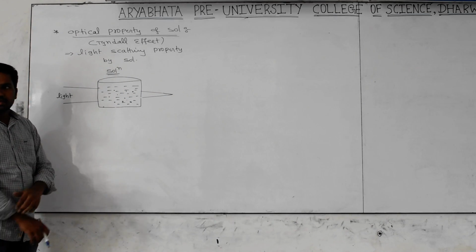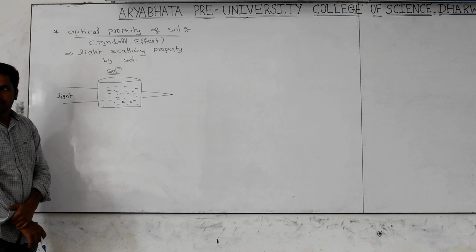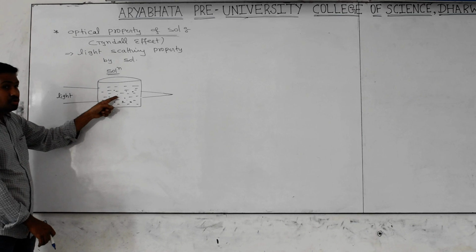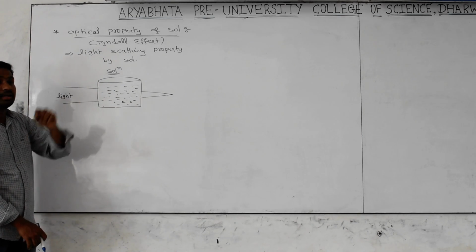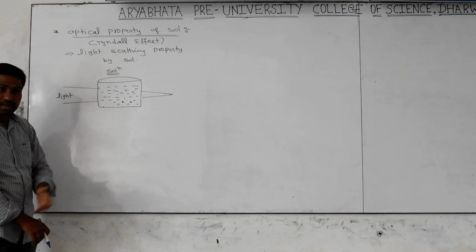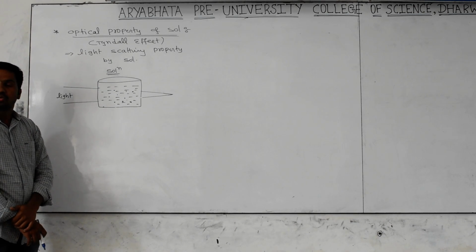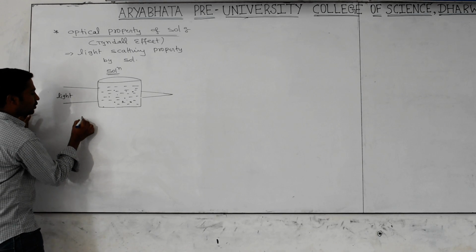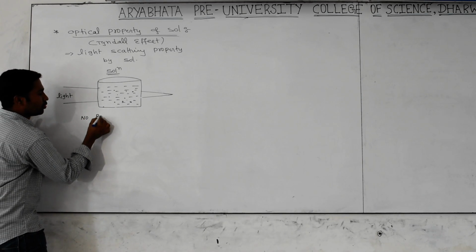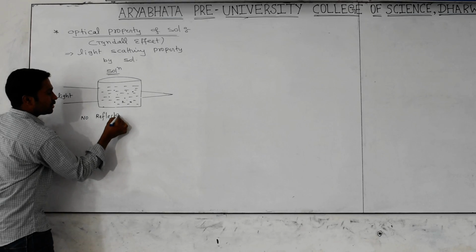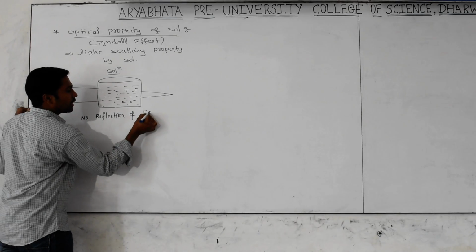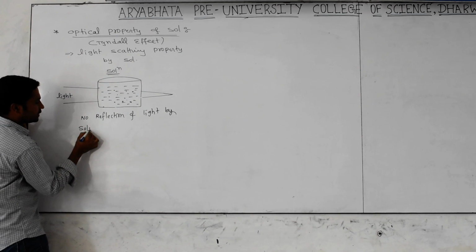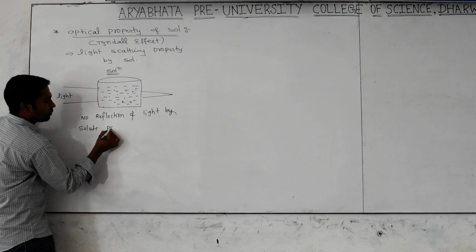Is there any reflection of light by the solution particles? If any reflection were there inside the solution, we would feel the path of the light rays. Are we feeling the path of the light rays inside the solution? No. Why? In case of solution, there is no reflection of light by the solute particles.